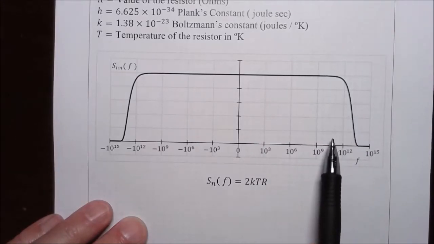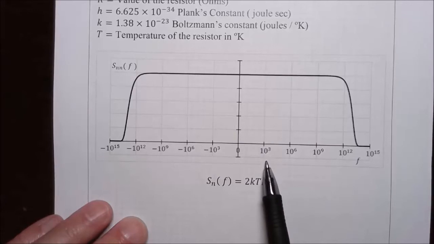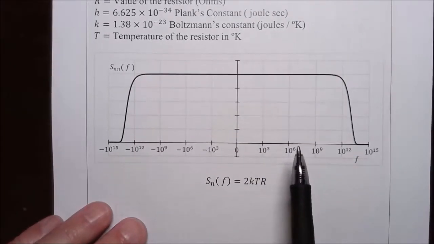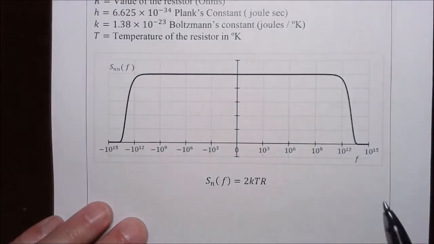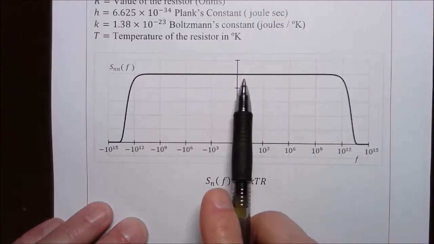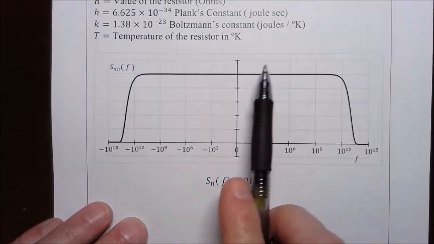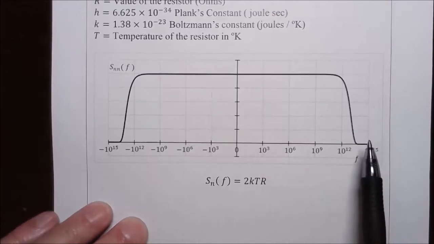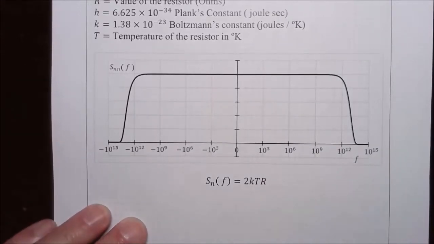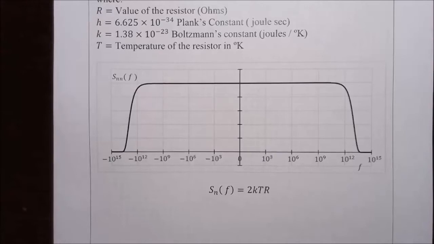If you get up to the higher end, you're moving into microwaves, and that's a different kettle of fish. So for the frequencies over which electronic circuits are being built, the thermal noise in a resistor is relatively constant. So it seems like a reasonable concept to model the noise in these systems as white noise. It is approximately white over the frequency ranges that we are interested in.